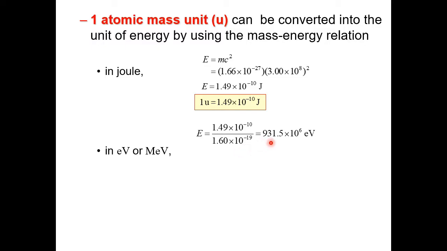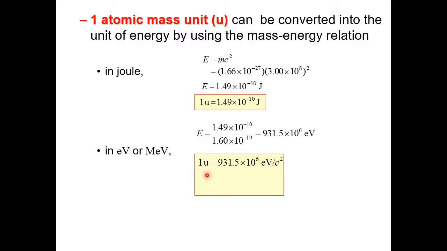And you will get 931.5 times 10 to the power of 6 electronvolt. So you have lots of choices to convert the unit of energy based on the mass-energy relation.